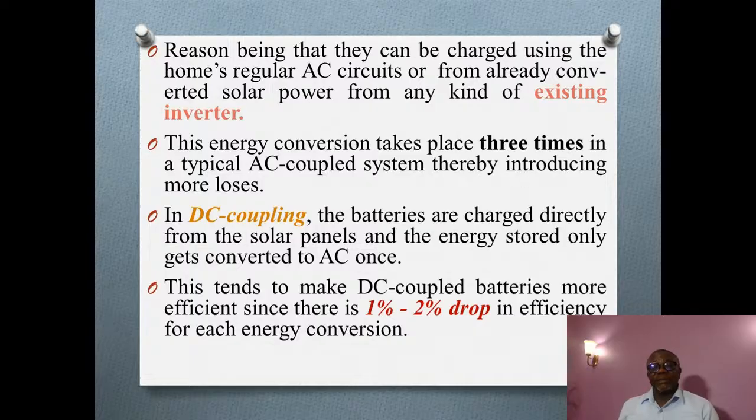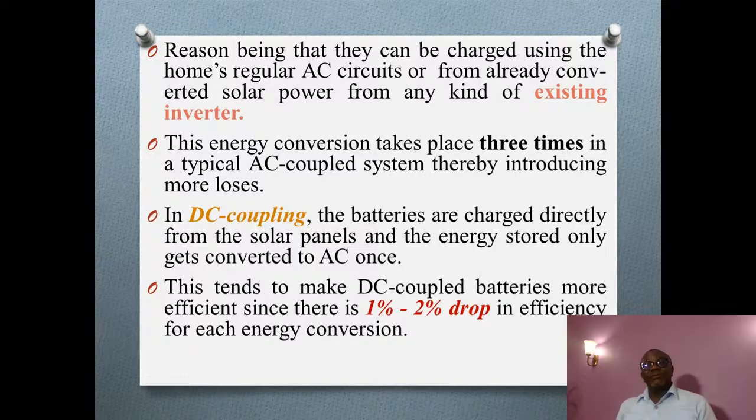In other words, if you already have an existing system and or you are going to operate a hybrid system where you'll be making use of the grid to sometimes charge your batteries, then the best thing is for you to use the AC coupled batteries.